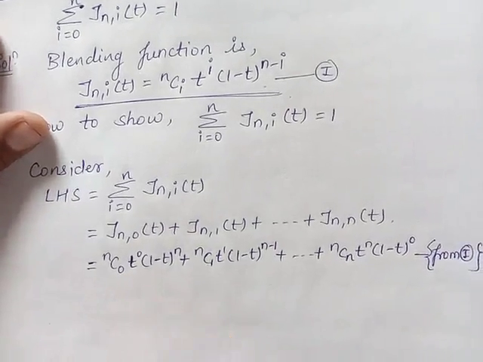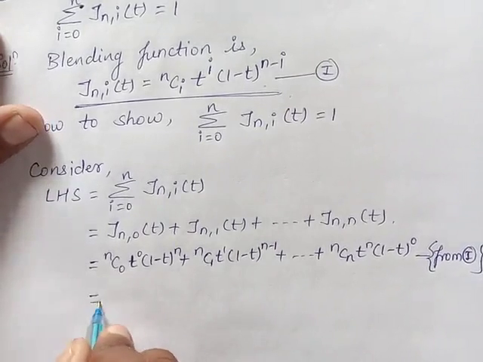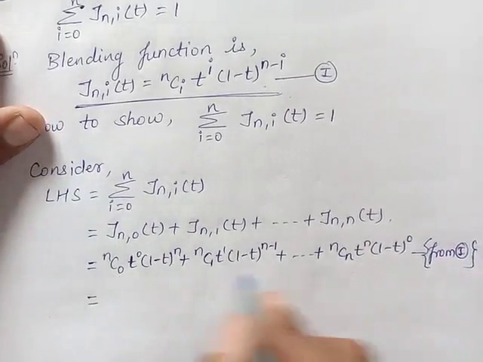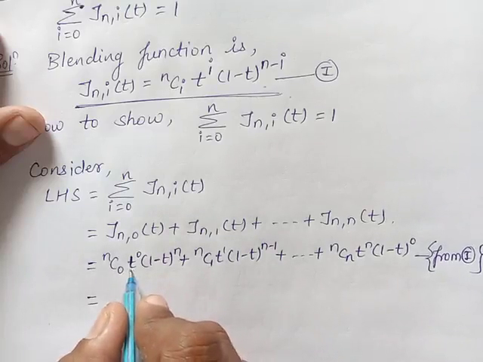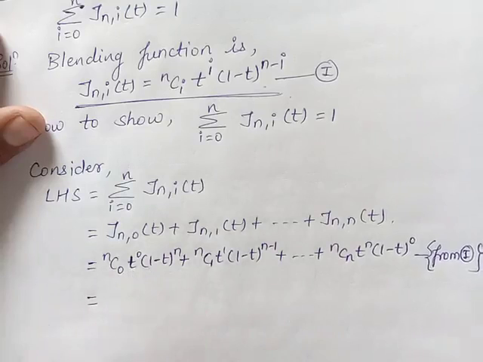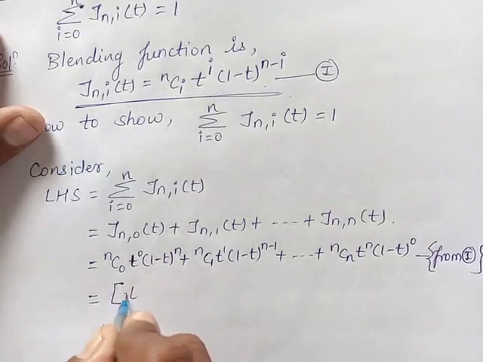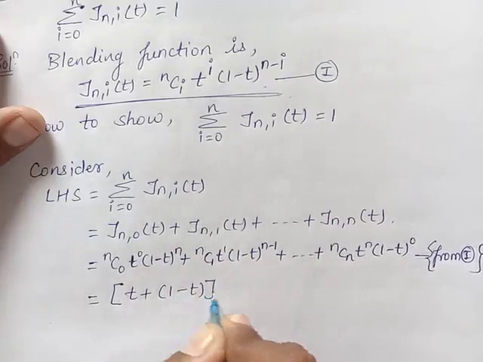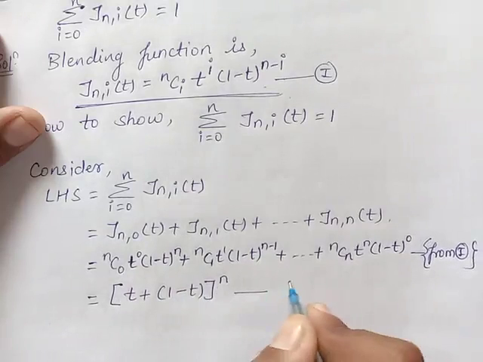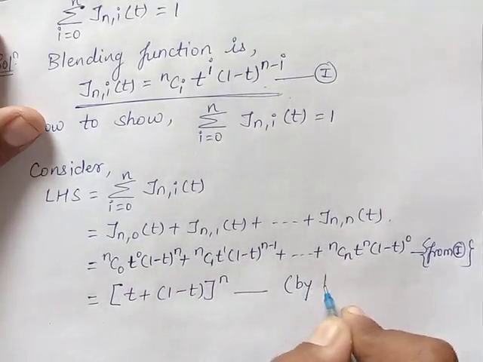Now this, if you observe, is nothing but a binomial expression. For what? The first function is t and second function is 1 minus t. So I can write it as t plus 1 minus t raised to what? n. This is using binomial expansion.